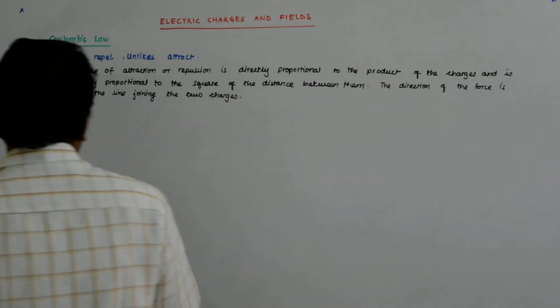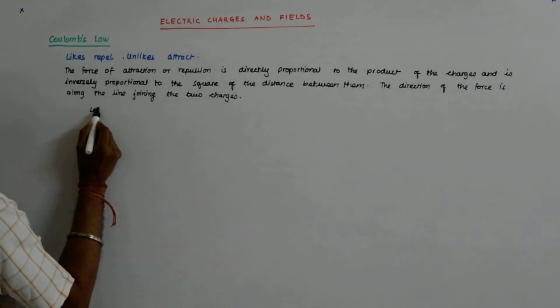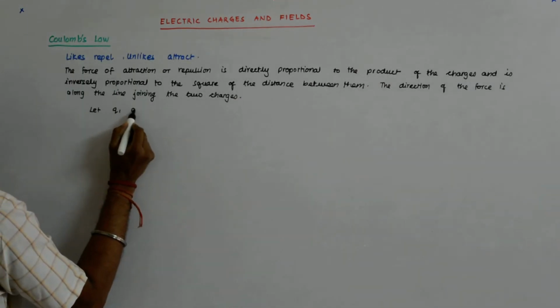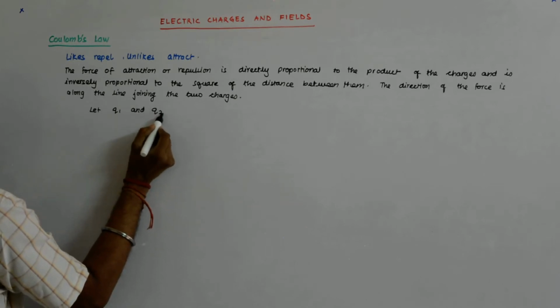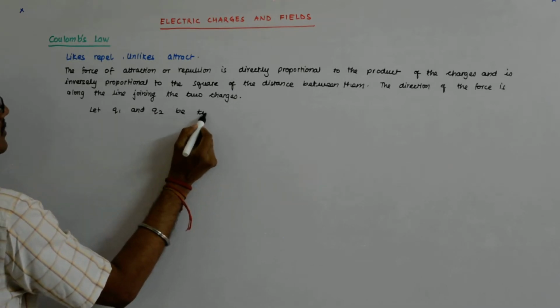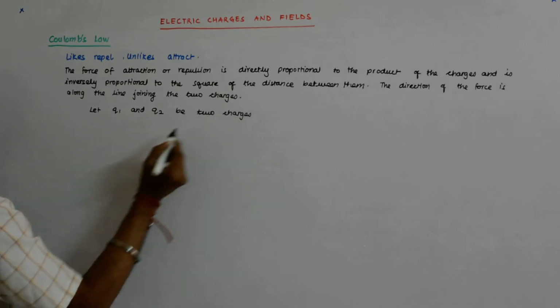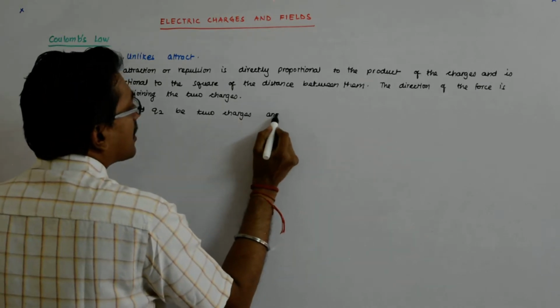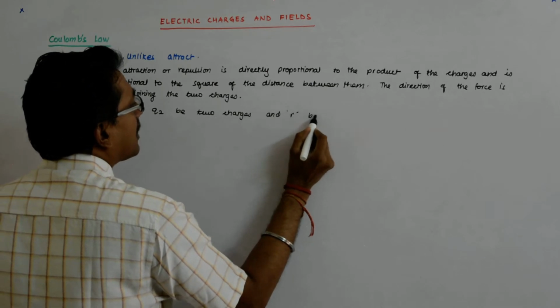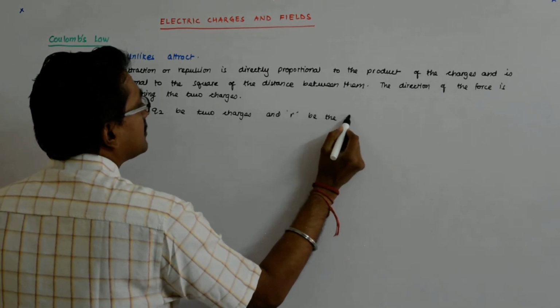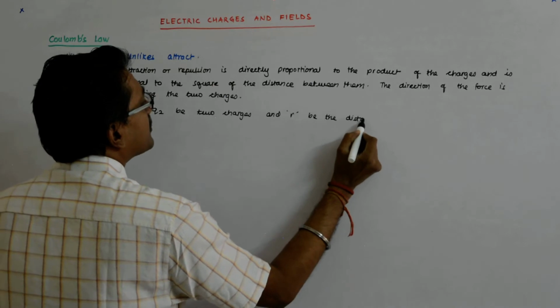So in a sense, we say let Q1 and Q2 be two charges and R be the distance between them.